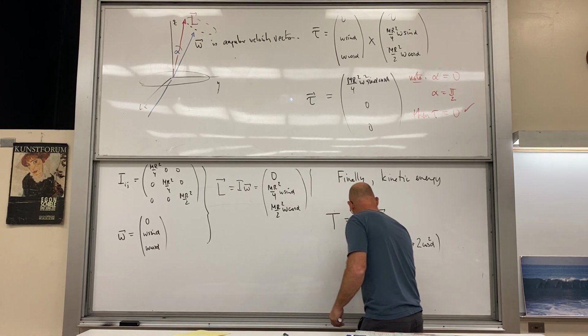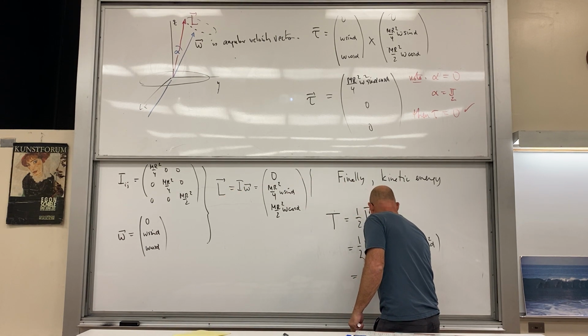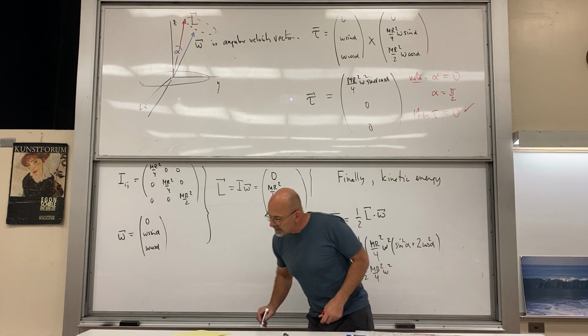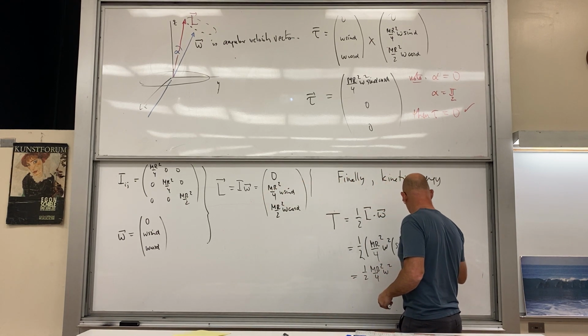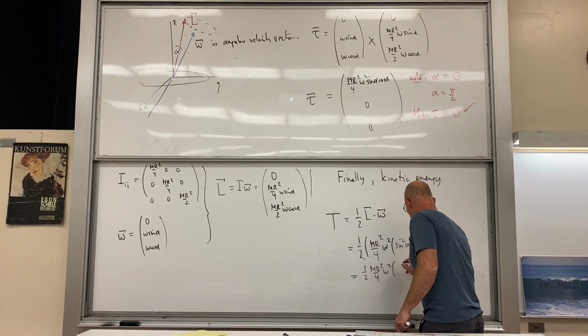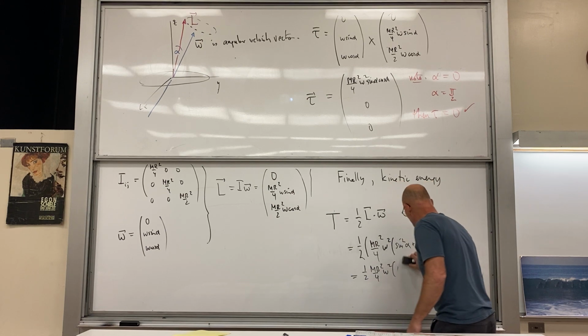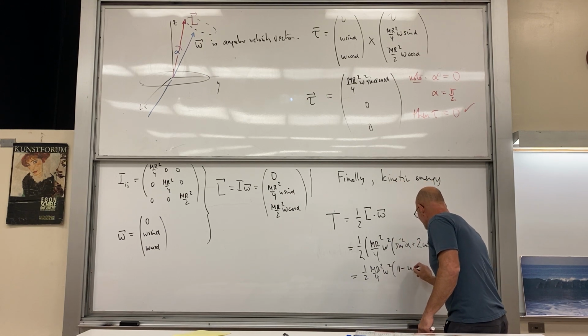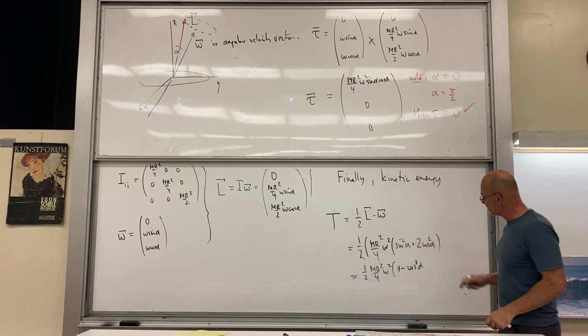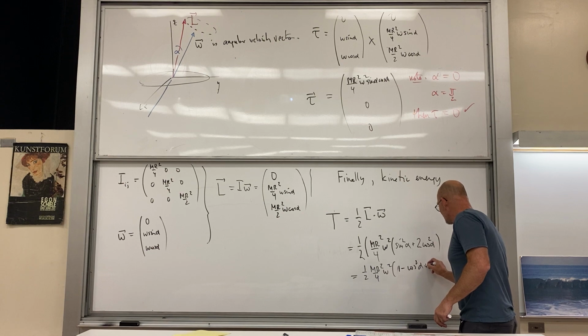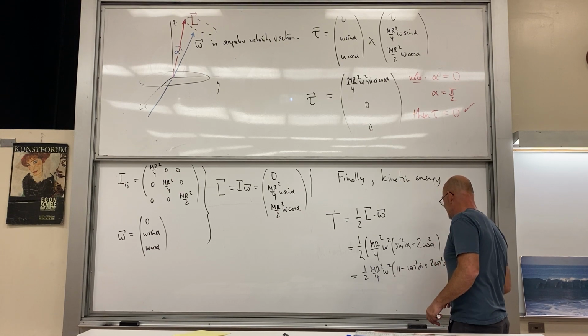Okay, yeah, 1/2 mr squared over 4 omega squared. So I'm keeping the cosine squared, so I'll have 1 minus cosine squared alpha for the sine squared, plus 2 cosine squared alpha.